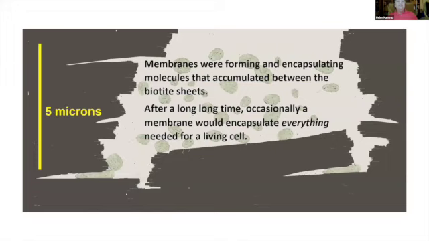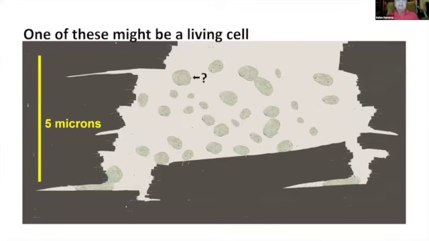Thousands of mica sheets. Membranes were forming and encapsulating molecules that accumulated between the biotite sheets. After a long time, occasionally a membrane would encapsulate everything needed for a living cell. So maybe one of these is a living cell.